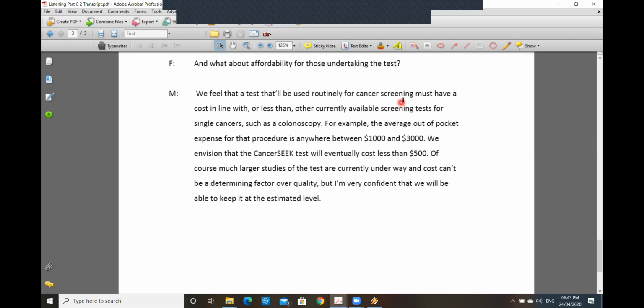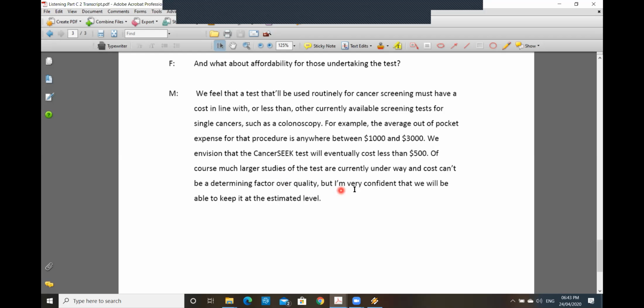So he explained that it must have a cost in line with or less than other currently available screening. Then he took the example of a colonoscopy, and then he explained that the cancer seek will also eventually cost less than 500. So there are a lot of studies, but cost can't be a determining factor over quality.